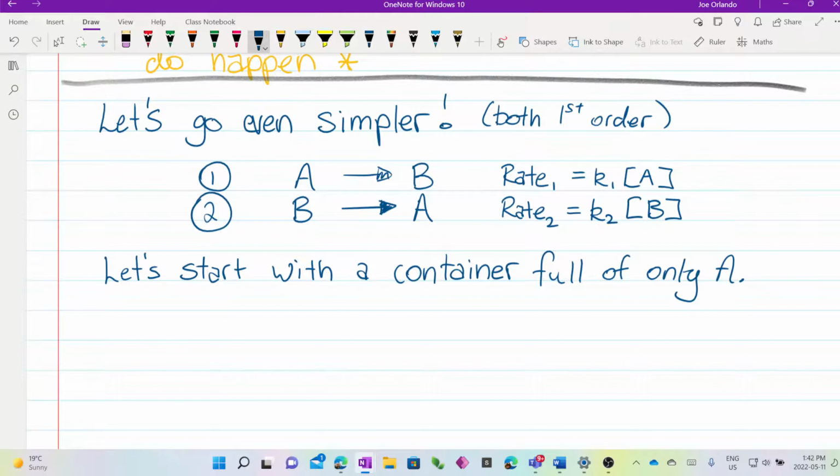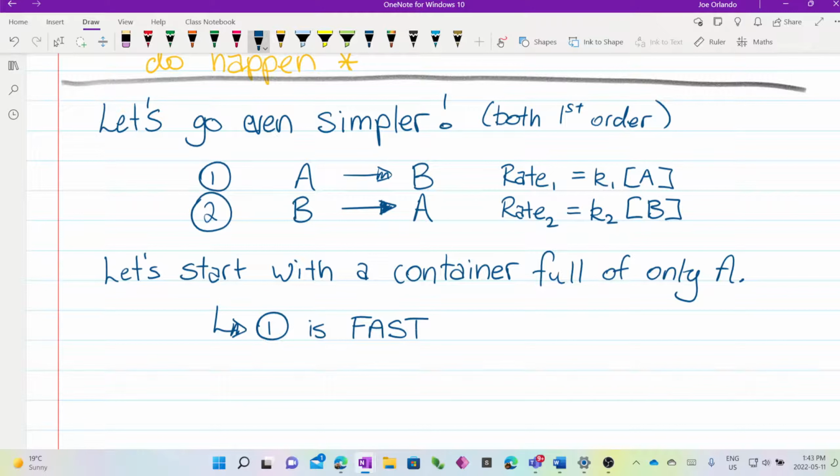We have this perfect ideal reaction vessel. In that case, this reaction starts as fast as it possibly can go. A is never going to be bigger than at the start here when we only have A. So we can say reaction 1 is going to be as fast as it can ever be.